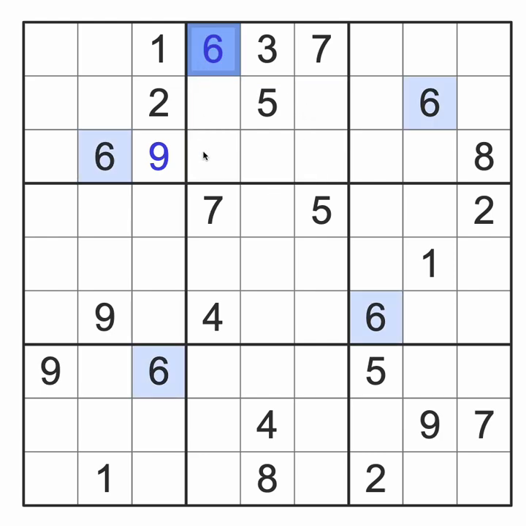And before putting in other singles, I want to place a double in box 2. Looking at box 2 and row 3, 6 is in both of them, but 8 and 9 are only in row 3.